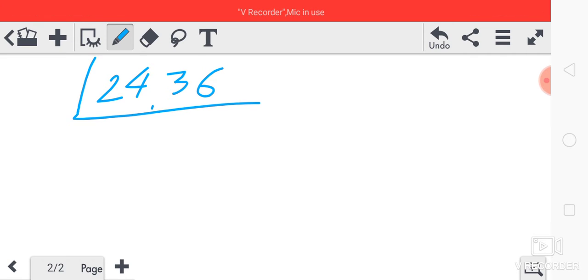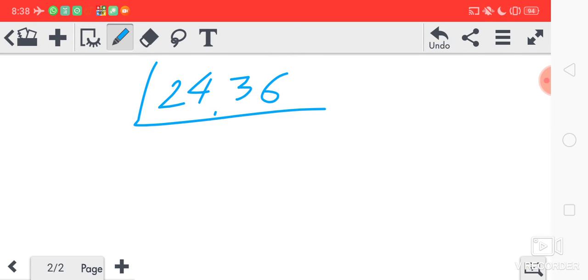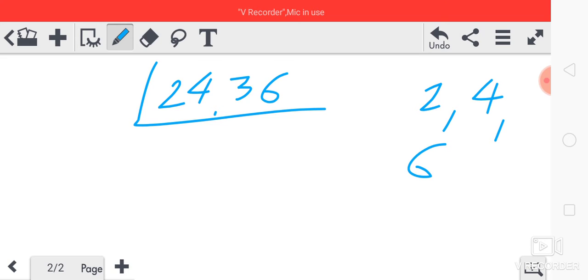Now you tell me, 24 and 36, in which number's table do we get 24 and 36 both? In the table of 2 also we get, in the table of 4 also, in the table of 6 also, isn't it?